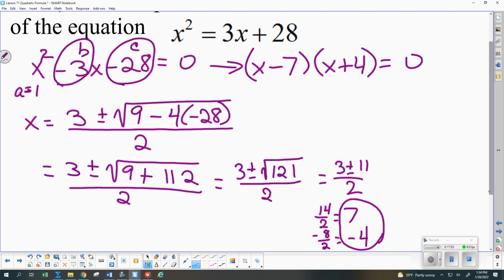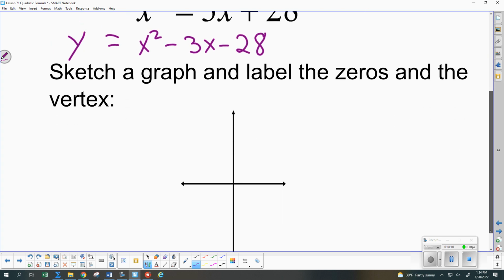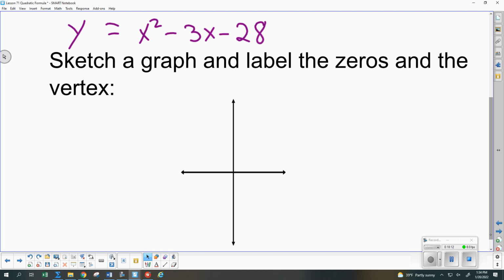And let's graph this on our calculators. So that means we are going to need to graph x squared minus 3x minus 28 not equals 0, but y equals that. So back to the calculator to enter that.